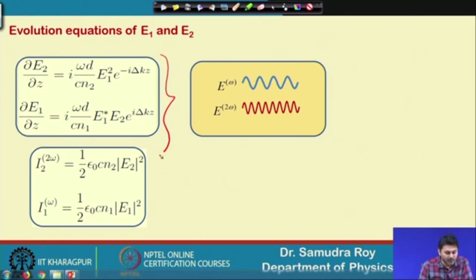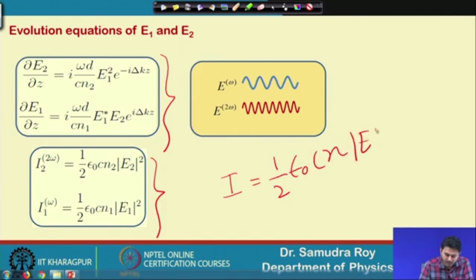Now, to find the corresponding intensity, we will use a very old expression that we have been using for the last few classes. Intensity is half epsilon 0 c n mod of E squared. This is the relationship between the intensity and the mod of E squared term.